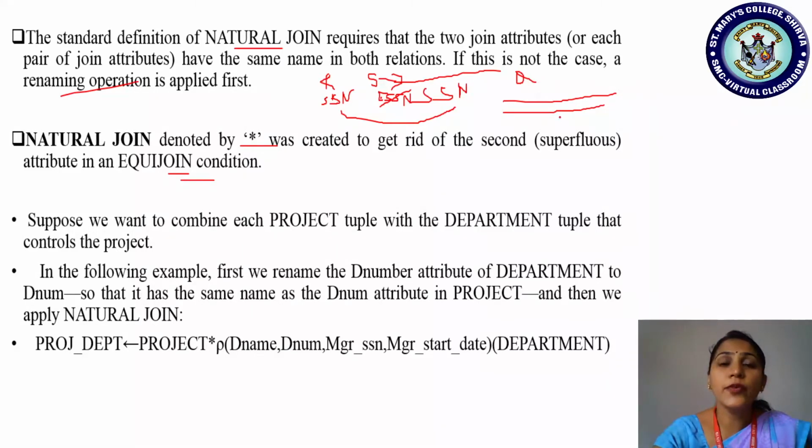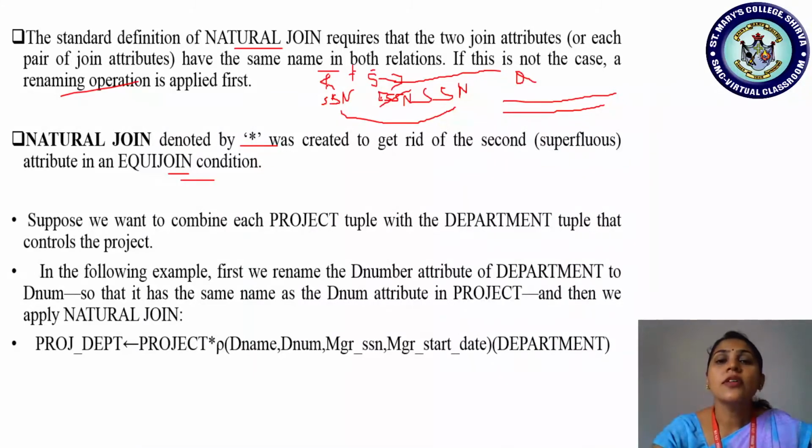So what is the number of attributes present in the resultant relation? The number of attributes in R plus the number of attributes present in S. So that is A plus B. Suppose R has attributes A1, A2, A3, A4, A5 and S has attributes B1, B2, B3, B4.